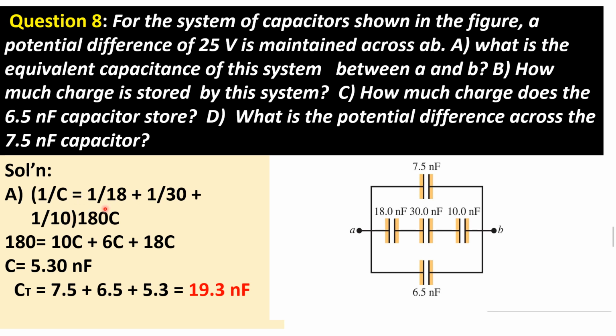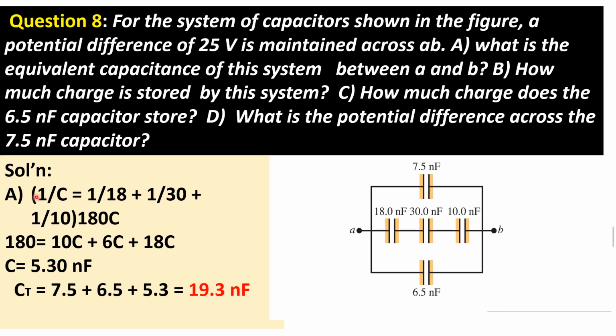And then getting the common denominator. One common denominator would be 180C.